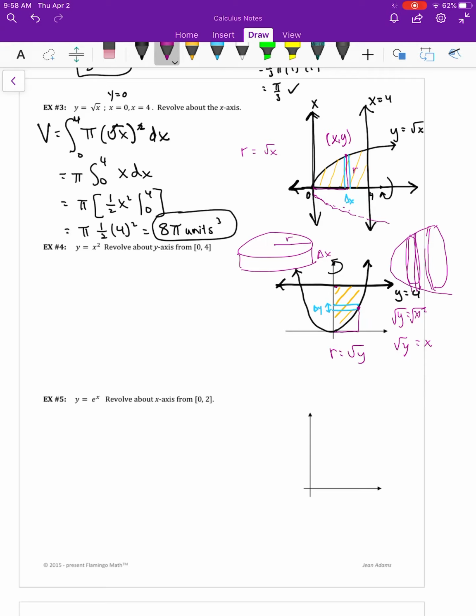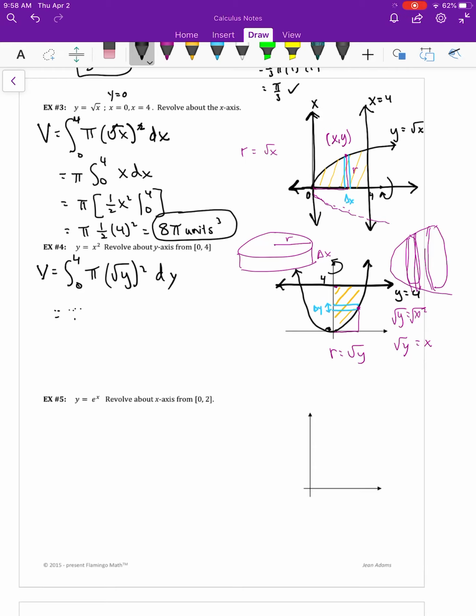And we knew we wanted y integration, so that works out great. So volume equals integration. We're going along the y-axis from y equals 0 here to y equals 4. Pi square root of y squared dy.